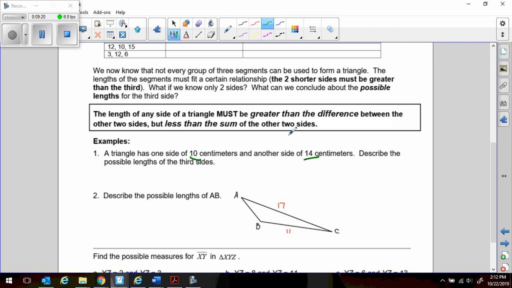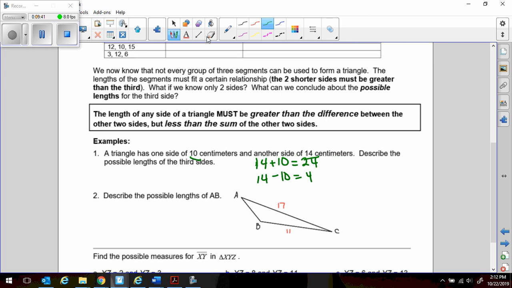So we'll add them. Start with the bigger number, 14 plus 10, and then we'll subtract them. 14 plus 10 is 24, but 14 minus 10 is 4.